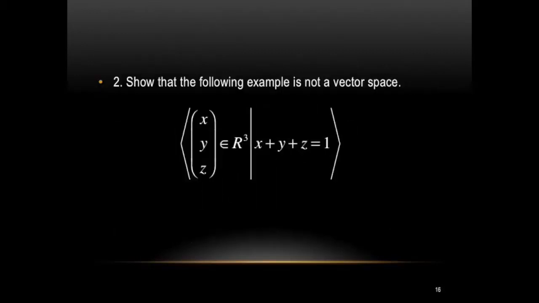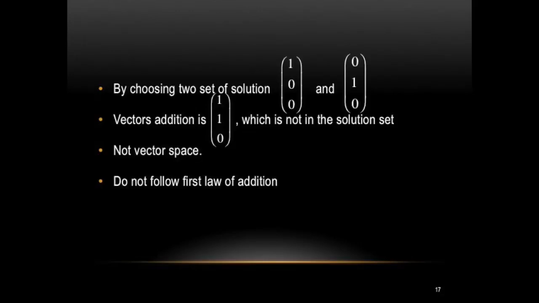The second question is to show that the following example is not a vector space, where X, Y, Z is a vector in the vector space R3, X, Y, Z are real numbers, and X plus Y plus Z equals 1. By choosing two solutions, the first is 1, 0, 0 and the second is 0, 1, 0.